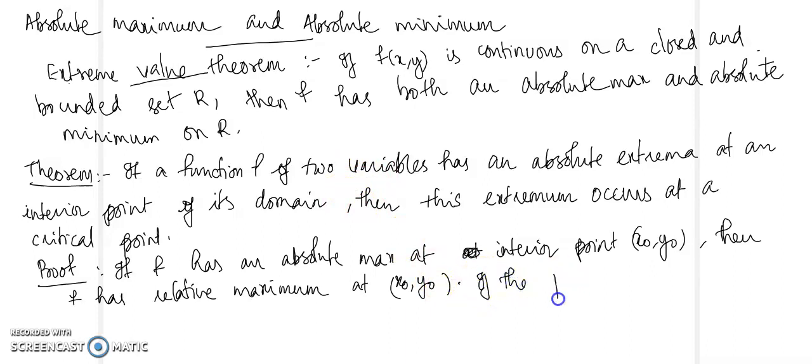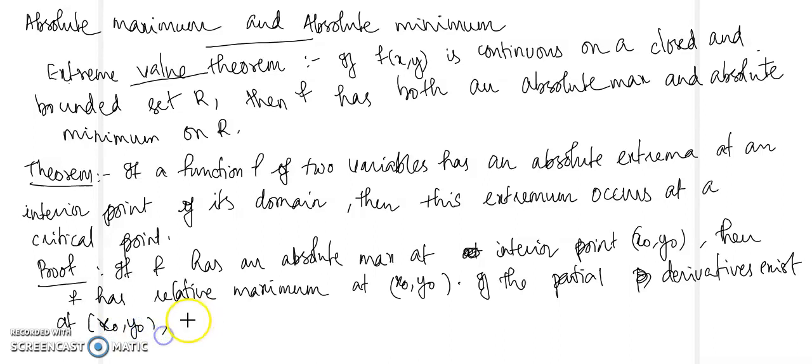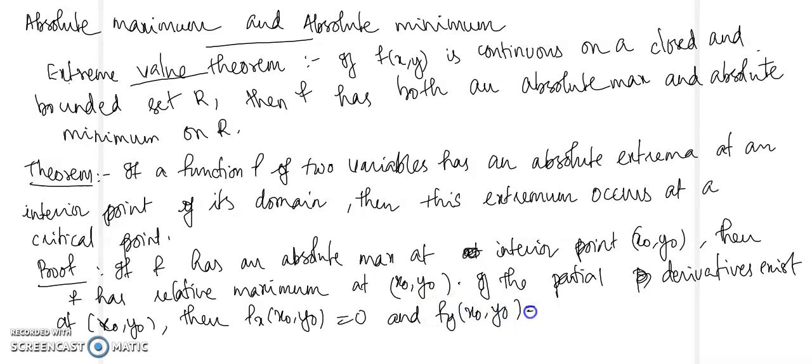So if the partial derivatives exist at (x0, y0), then fx at (x0, y0) equal to 0 and fy at (x0, y0) equal to 0.